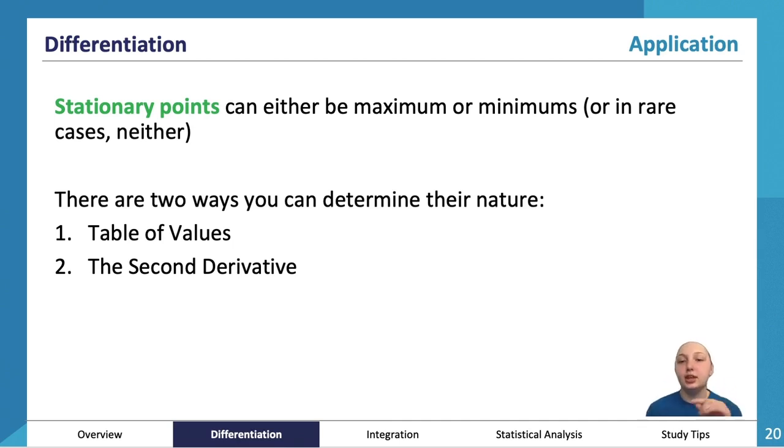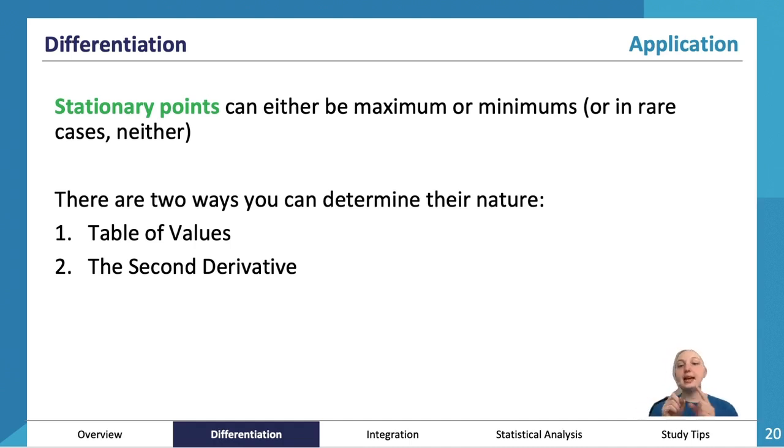You're going to have a maximum point if the lower point, in our example 2 if 3 is our stationary point, gives a positive number, and your higher number, let's say 4, gives a negative number. That's how you can tell that you have a maximum.